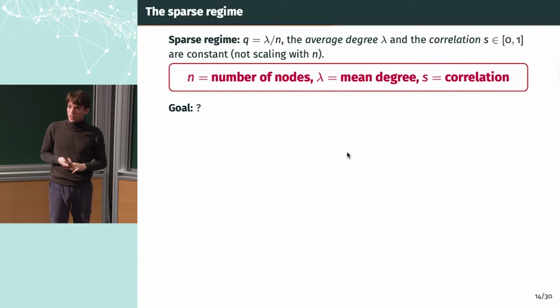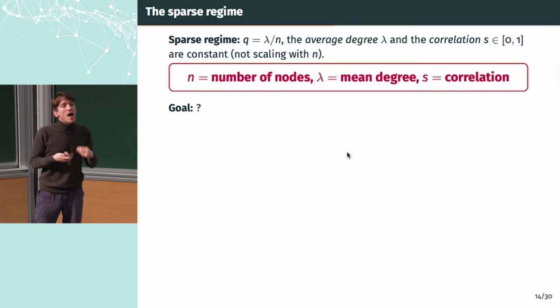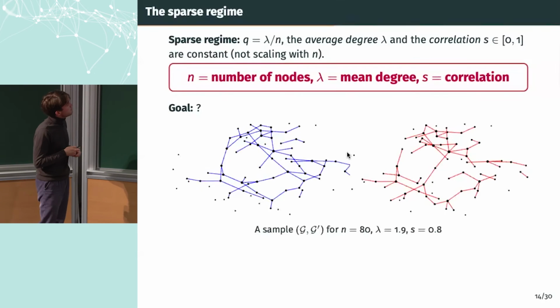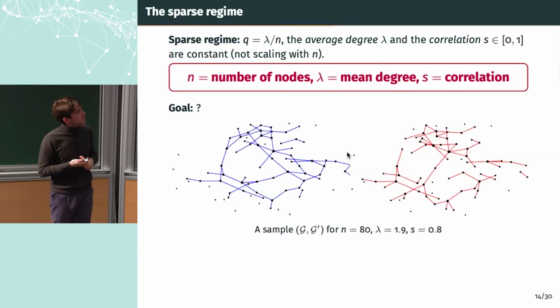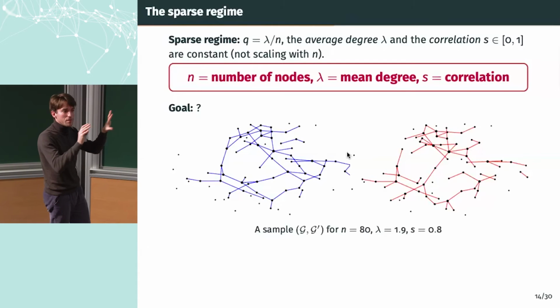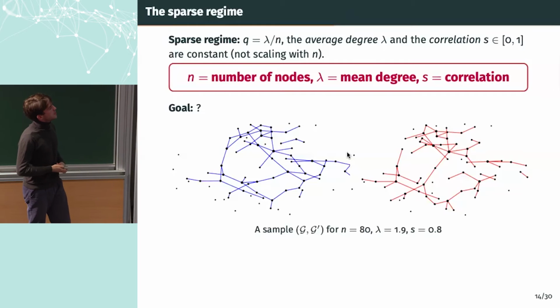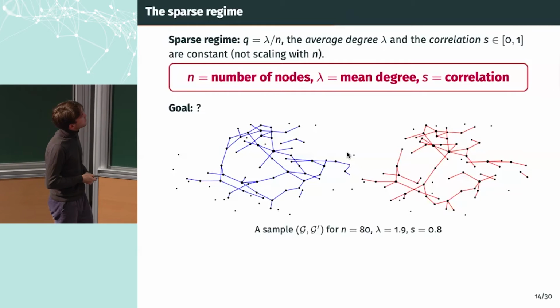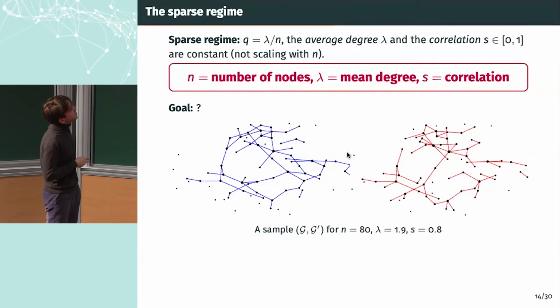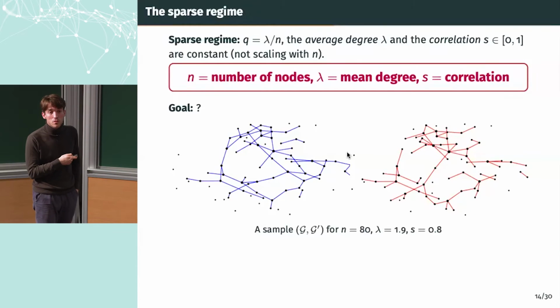So what's the goal exactly? Okay, we said we want to recover the signal, that's fine, but how well can we do this? Let's look at, in this regime, what G and G prime, which are two aligned graphs, look like. Okay, so we see that there are some things happening here. There are actually a lot of isolated nodes in my data.